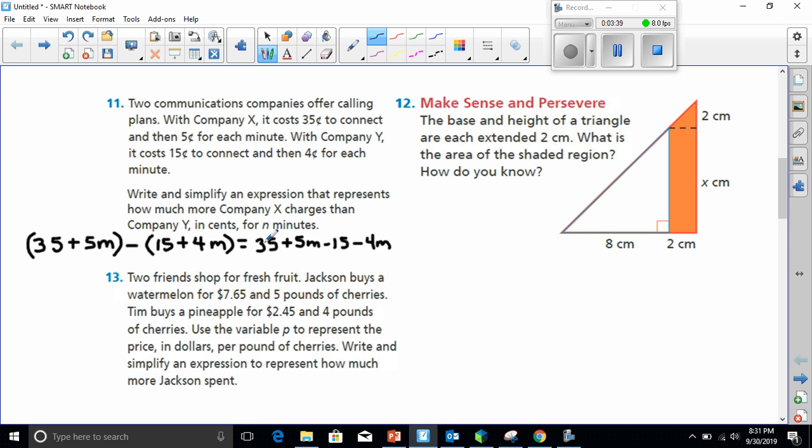Well, 35 minus 15, I can group together. 35 minus 15, those are my constants. I'm going to add that to 5m minus 4m.